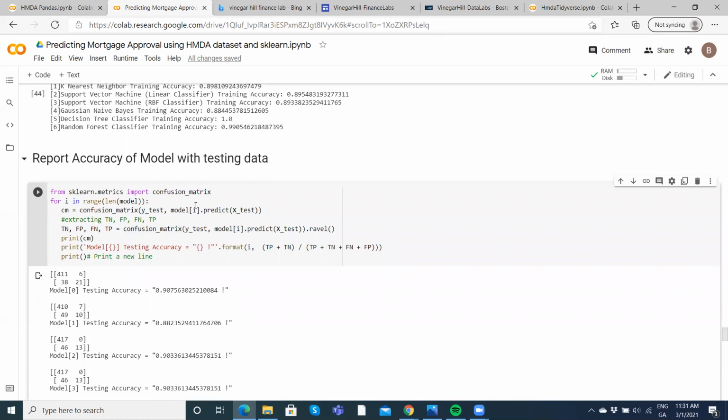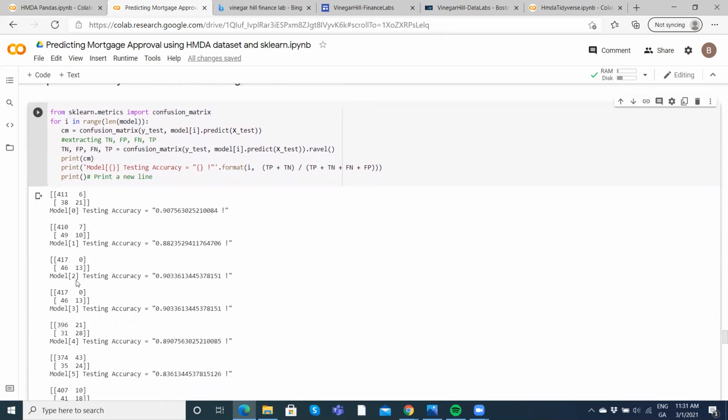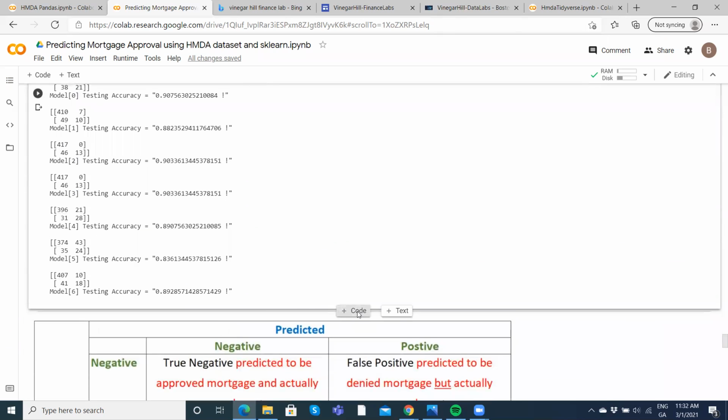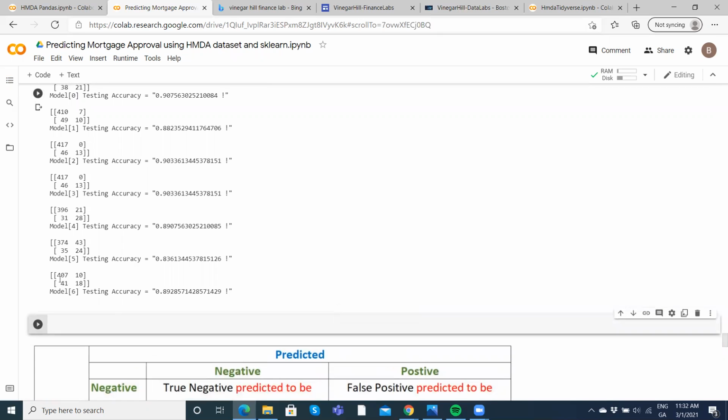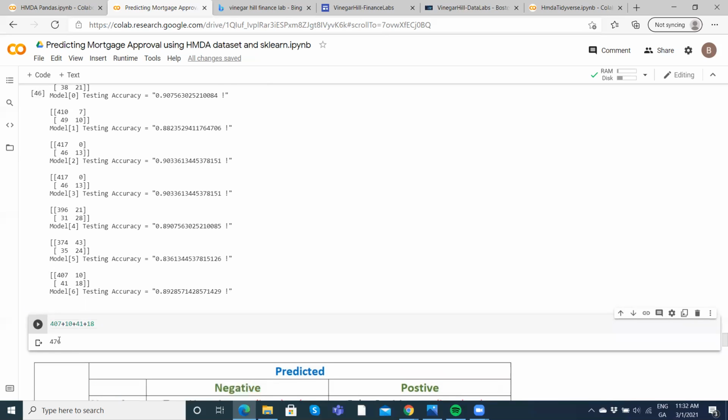The training is 80% of the data, then 20% of the 2,380 is the sum of these. So if we take the sum of all of the 4, then we get the number of cells. We can take a look at that for a moment. If we, for instance, take the 407, and then add 10 and add 41 and add 18 and run that, you can see we get 476 rows in the testing data.